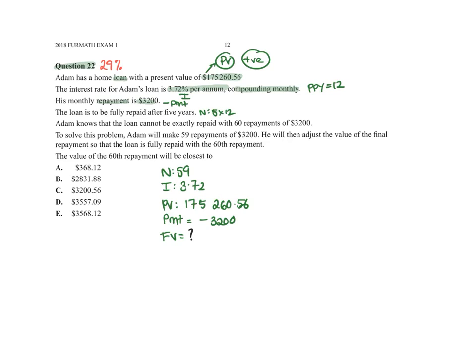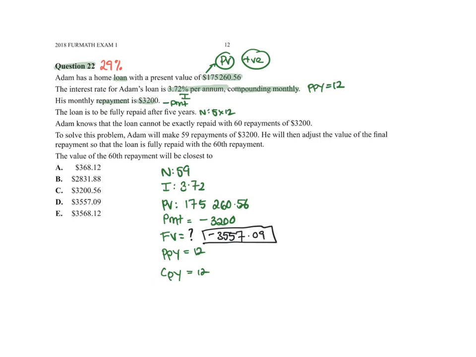Then PPY equals 12, and CPY is always the same, so it's 12. So if we look at this, at the end of 59 payments, months, he still owes this amount.